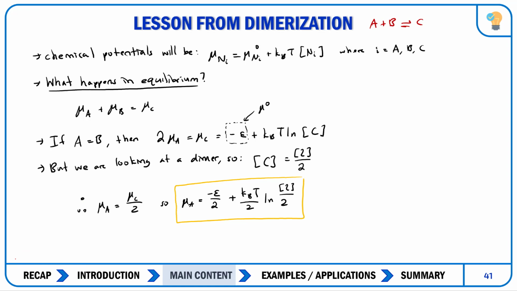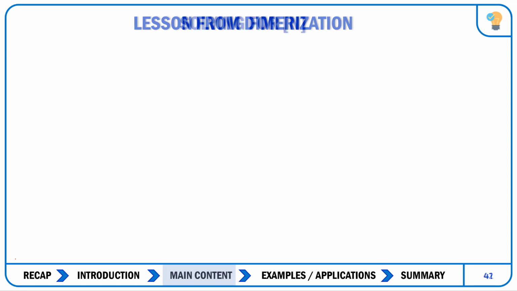So we're still not done yet. Sometimes we really do want to know what the concentration of the n-mers are. So basically, how many micelles do you have in your substance or your solution?